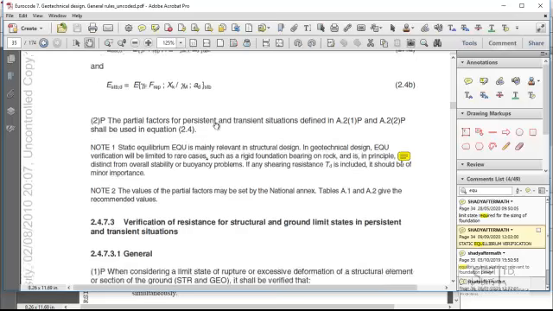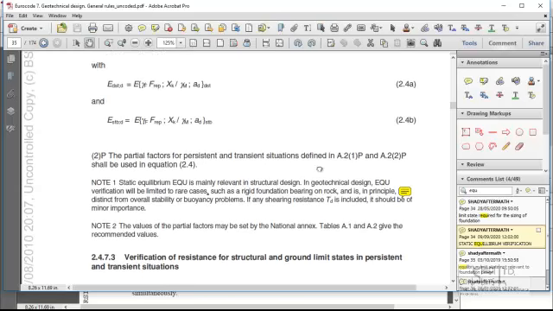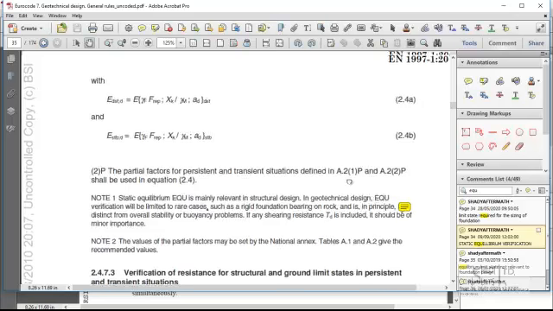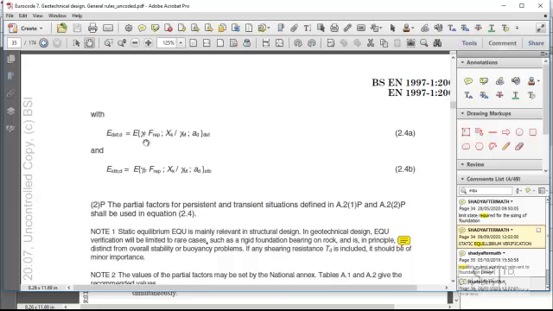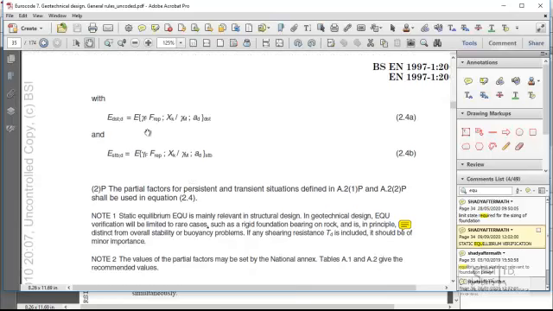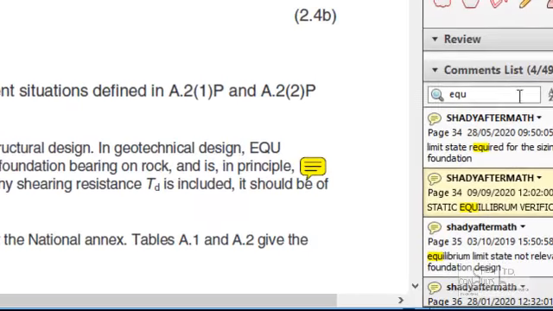The partial factor of safety for persistent and transient situations is obtained from section A.2.1. If you look at it, the destabilizing force is a partial factor of safety times the representative force, and the stabilizing force is a partial factor of safety times the representative force. So you will need to get the corresponding partial factors of safety for both the stabilizing and destabilizing forces from section A.2.1.